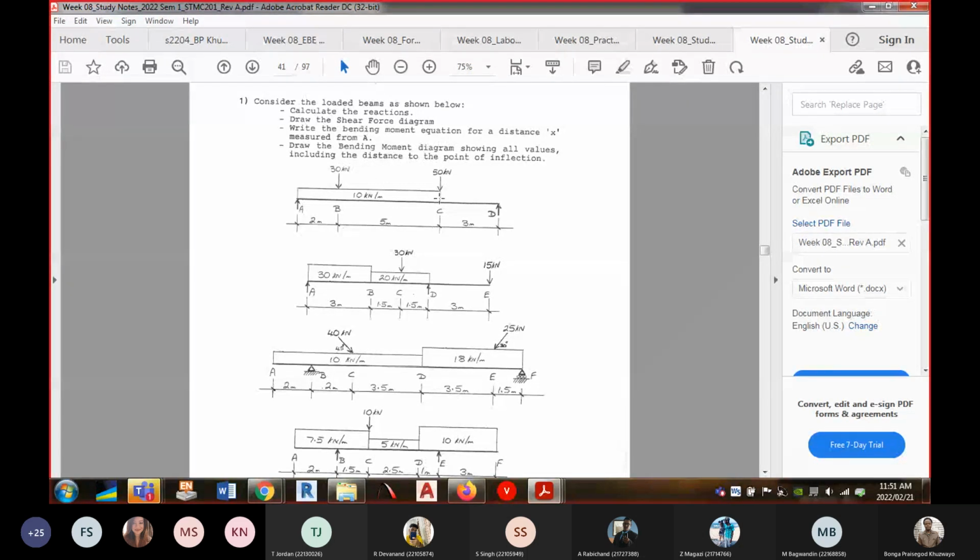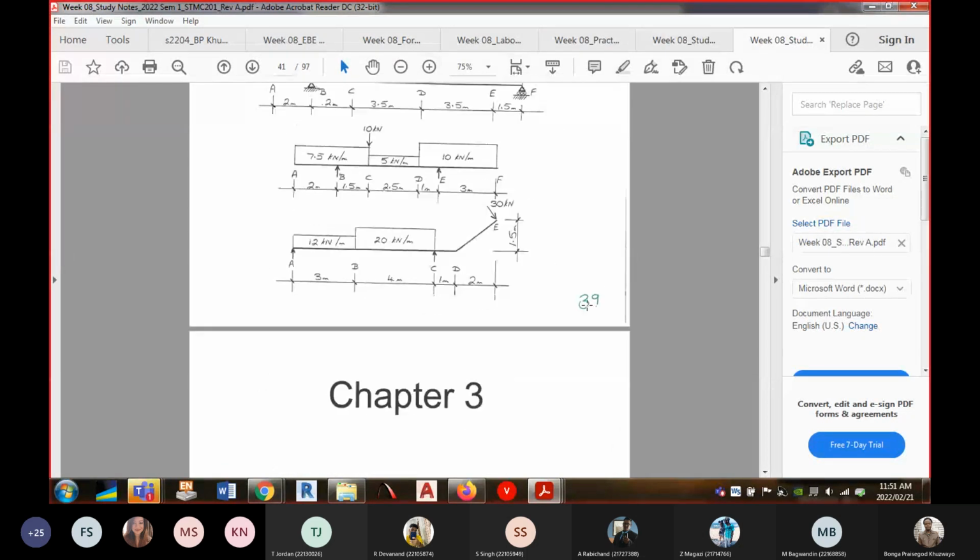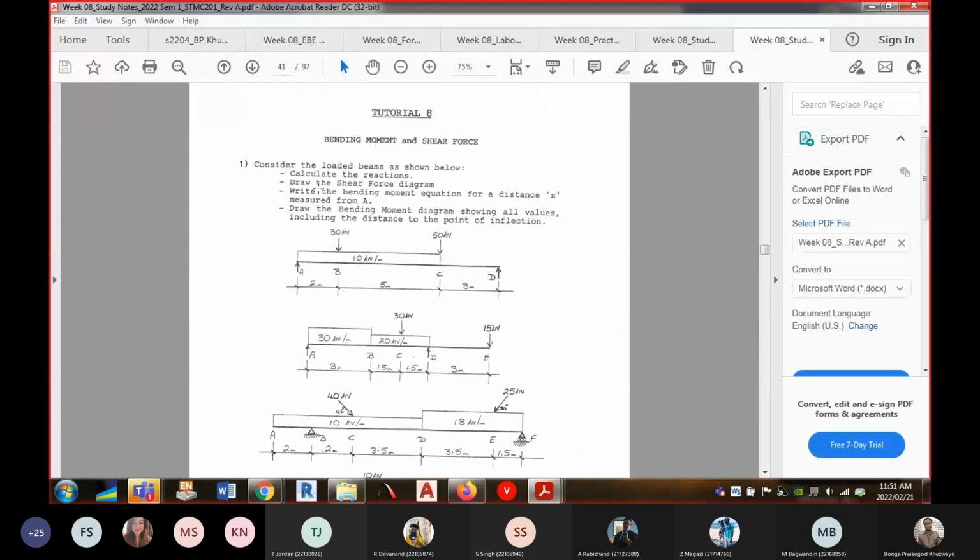Please, students, don't send the work via email. Page 39, you only need to calculate the reactions at the support.